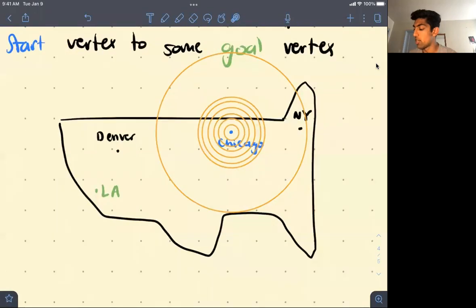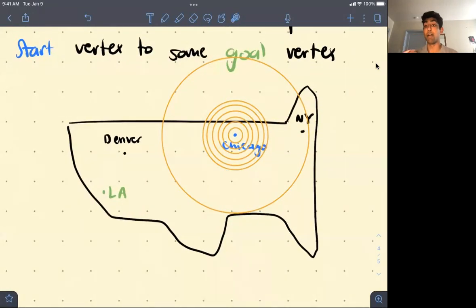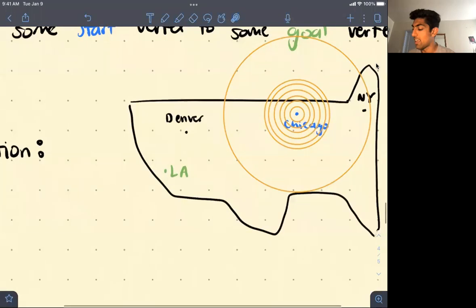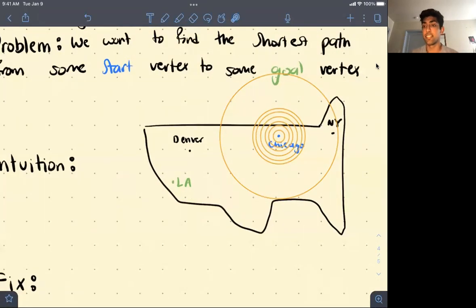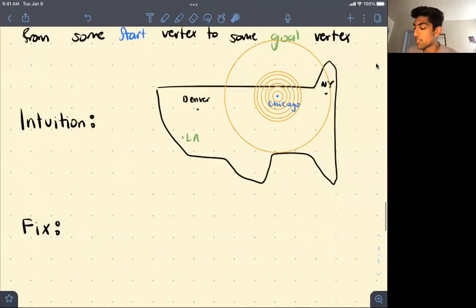So to solve this problem, let's go back and remember how we used to do things in Dijkstra's, all right? So let me first put down what I said right now.